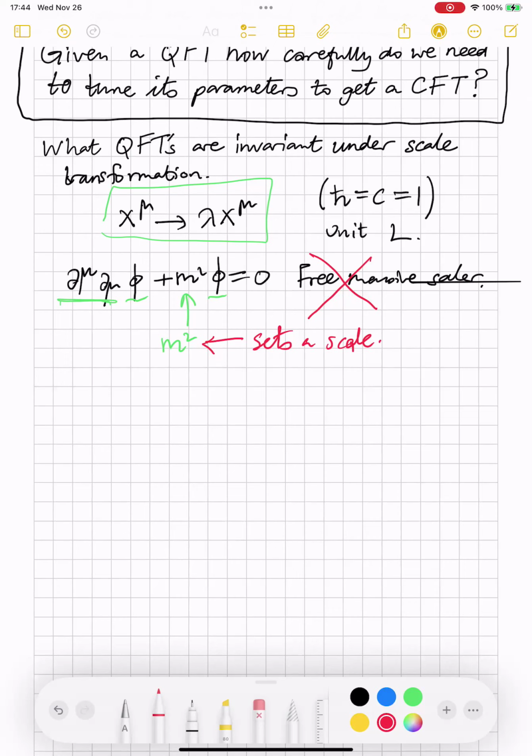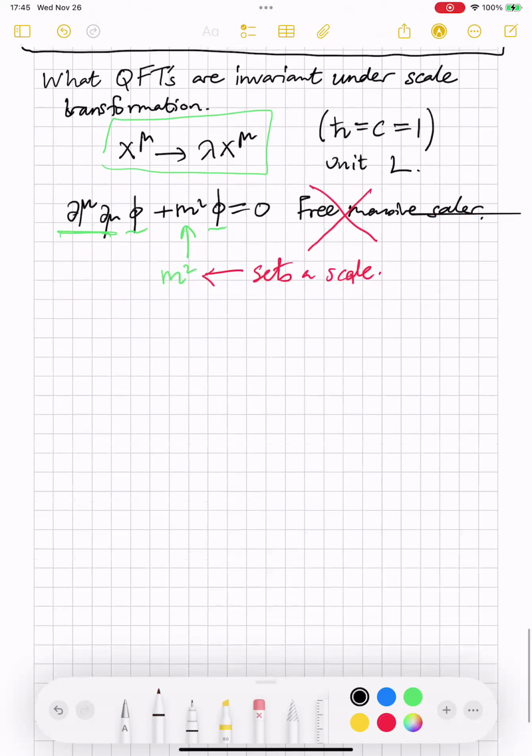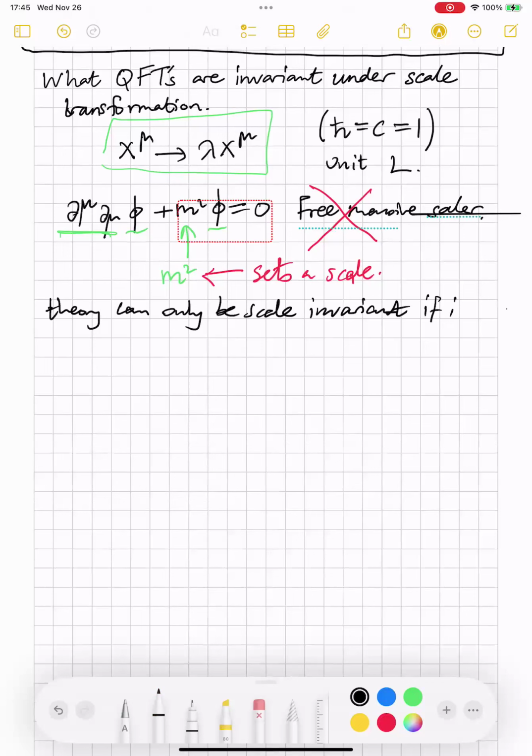And this is a pretty general conclusion, in fact. Your theory can only be scale invariant if it doesn't have a specific scale. So that means it has no dimensionful parameters.